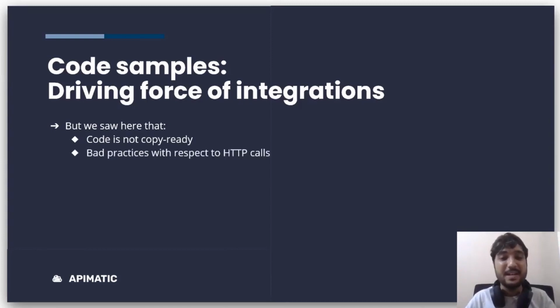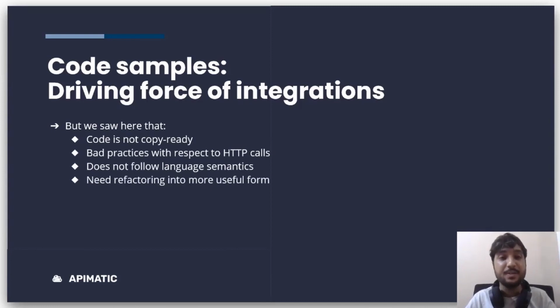And again, you see that there are bad practices sprinkled throughout the code samples. They do not follow language semantics, and making them follow language semantics will require extra work from the user who is writing the application code. And to top it off, if you have to make calls to multiple endpoints in your application code, you will need to refactor all of these code samples and make them more modular.